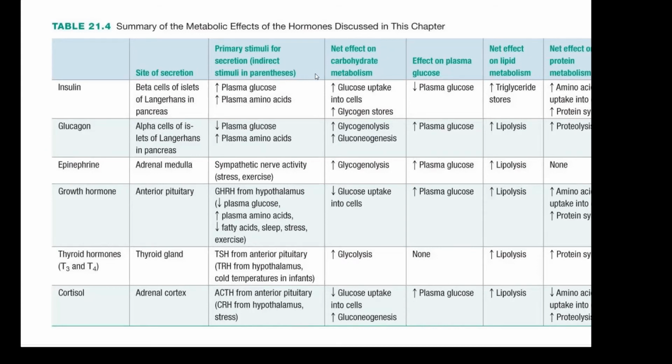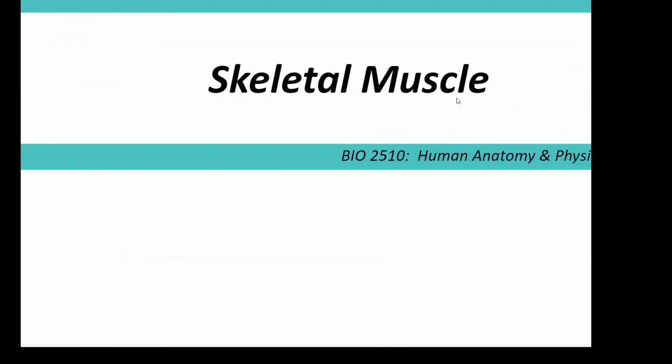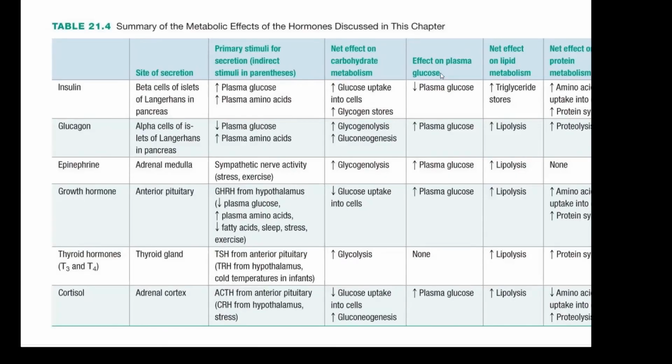The best place to look at this, I think, would be to focus on the effect on the plasma glucose, because we want to know, for example, that insulin is bringing plasma glucose down, right? We want to know that there are a bunch of things that bring plasma glucose up, right? Glucagon, one of them we just talked about with the post-absorptive state, but also our epinephrine, from the sympathetic nerve activity, bringing plasma glucose up.